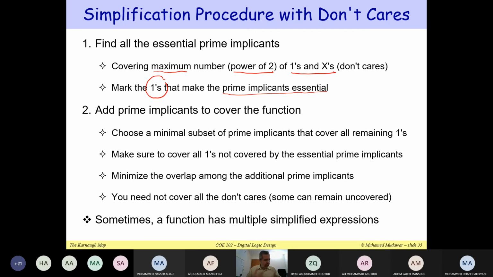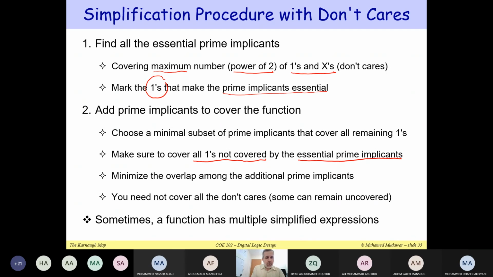So you have to choose, like we did in the case before, a minimal subset of prime implicants that cover the remaining ones. Make sure to cover all the ones which are not covered by the essential prime implicants. That's very important. And minimize the overlap between the additional prime implicants.